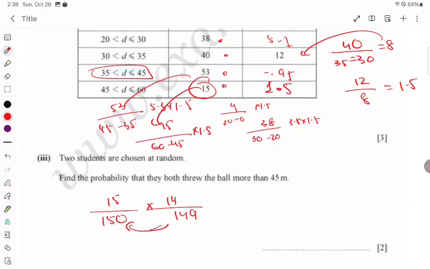This is our greater than 45, greater than 15, sorry, and the distance is greater than 45.